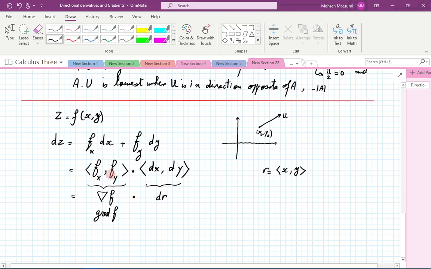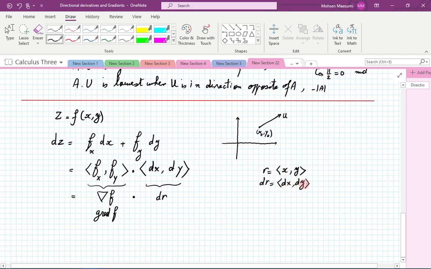This is a vector with several components, this is also a vector with several components, and you are dotting them just like any two vectors. So dr is (dx, dy).